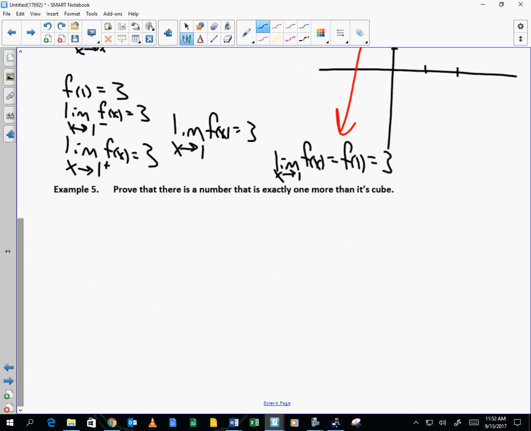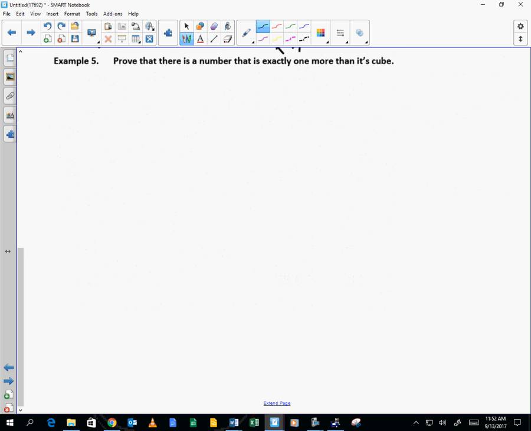Last example. Let's use the intermediate value theorem to try to prove that there's a number that is exactly 1 more than its cube. A number that is 1 plus x cubed. Can you think of a number that would work? Does 1 work? No. 2? No. No number would work. Maybe it's a decimal.